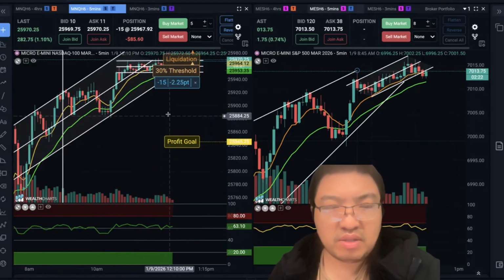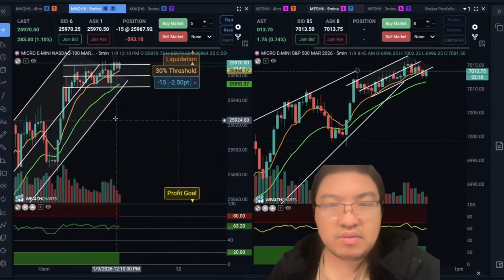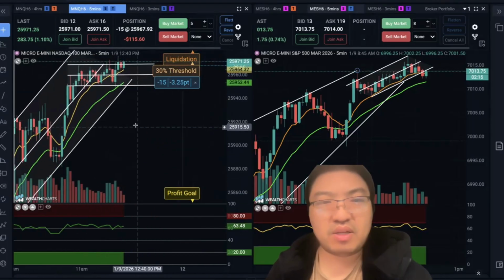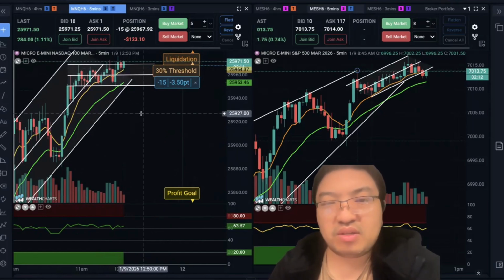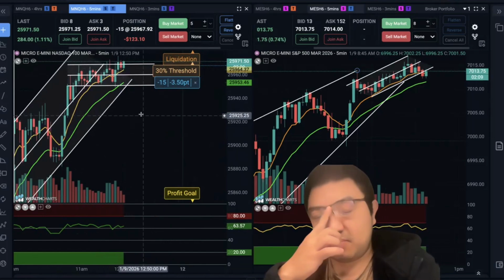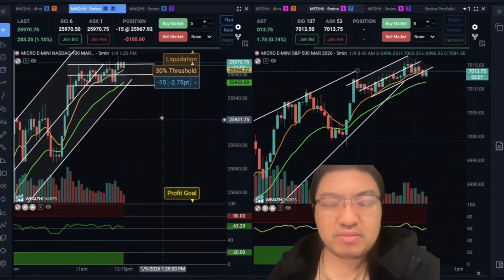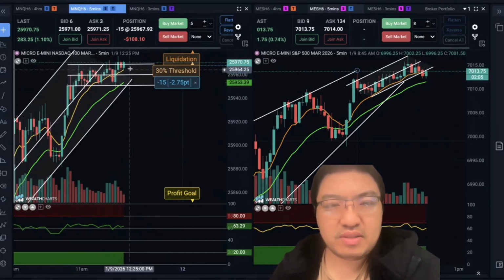But I will be conservative. I will probably take profit somewhere here. It's gonna be risky, but it's too early. Now it's engulfing, so that means it's still uptrend. I'm gonna lose on this trade. Too early to talk about take profit.